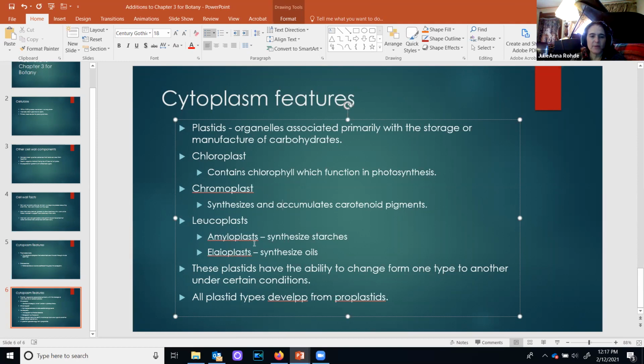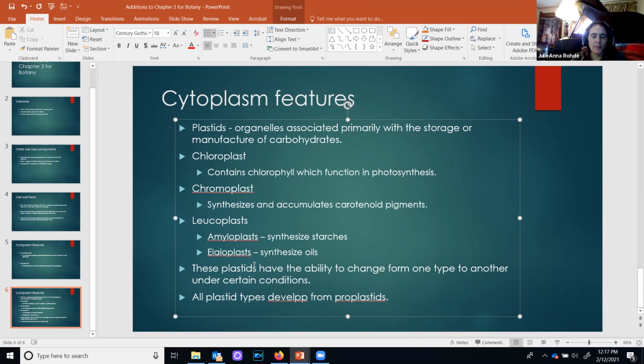Leucoplasts, we have two types. We have amyloplasts that synthesize starches, and elaioplasts that synthesize oils. Plants don't synthesize the fats, like the animal fats. They're going to do the oils, so we have elaioplasts in there to do that.